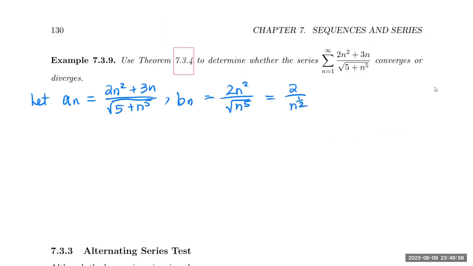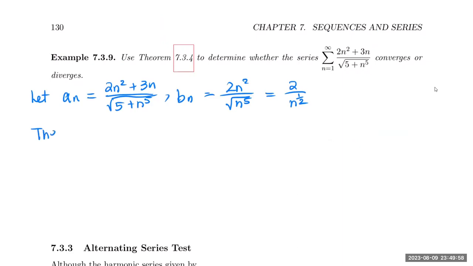So now we take the limit as n approaches infinity of an, which is 2n squared plus 3n, all divided by the root of 5 plus n to the fifth, multiplied by the root of n to the fifth divided by 2n squared, which is actually the same as saying n to the half over 2.